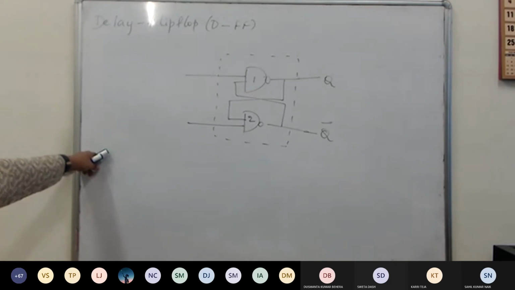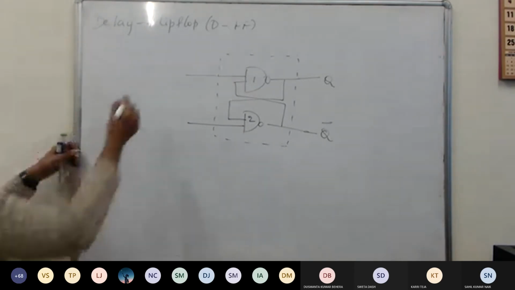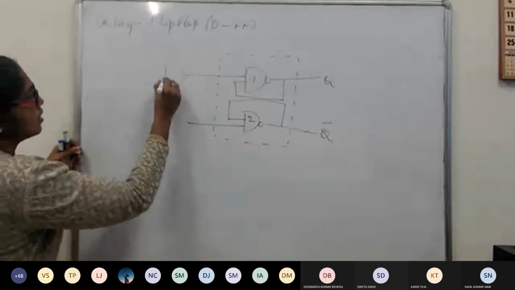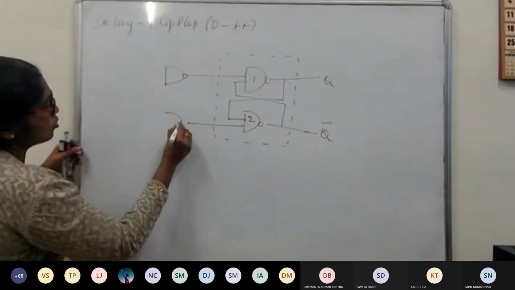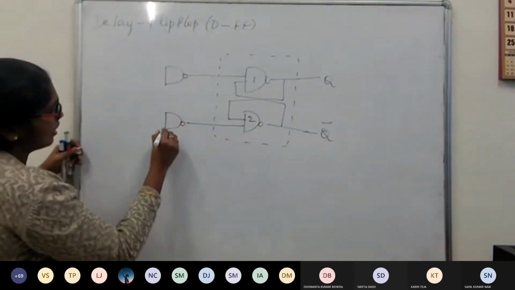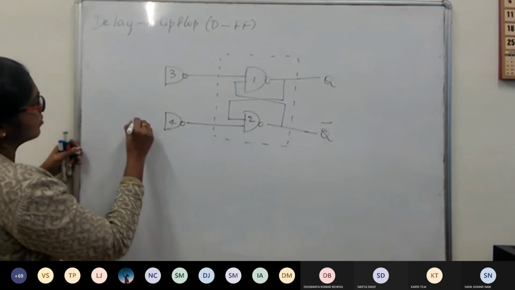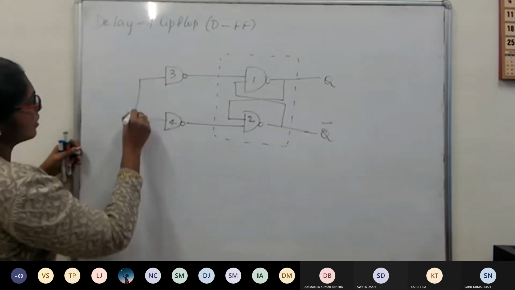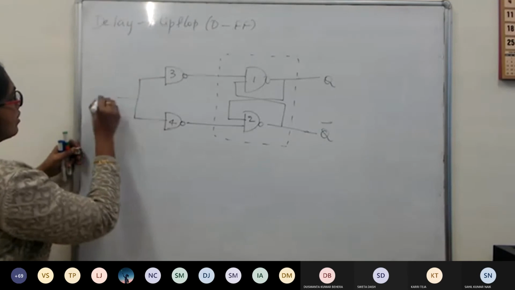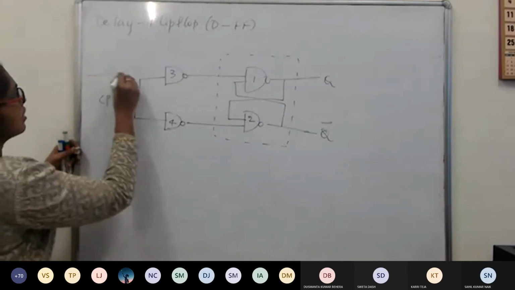In your SR flip-flop. But here, it will be receiving another, gates 3 and 4. This is your clock.